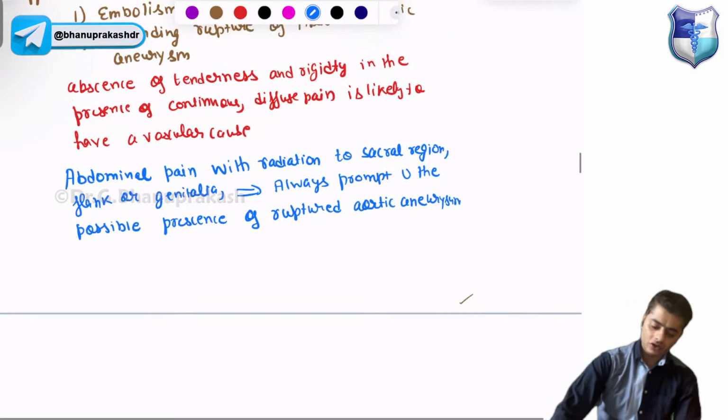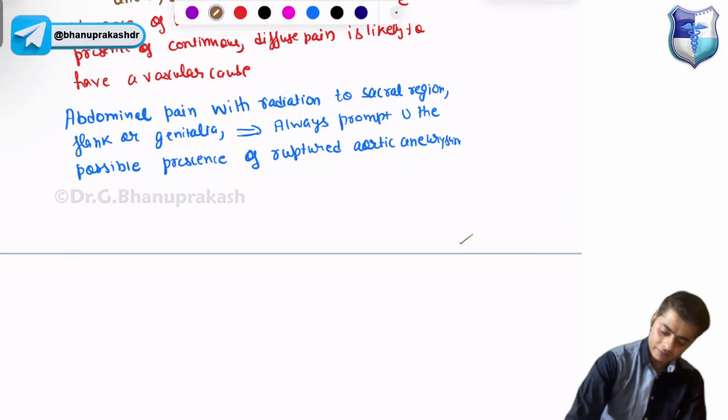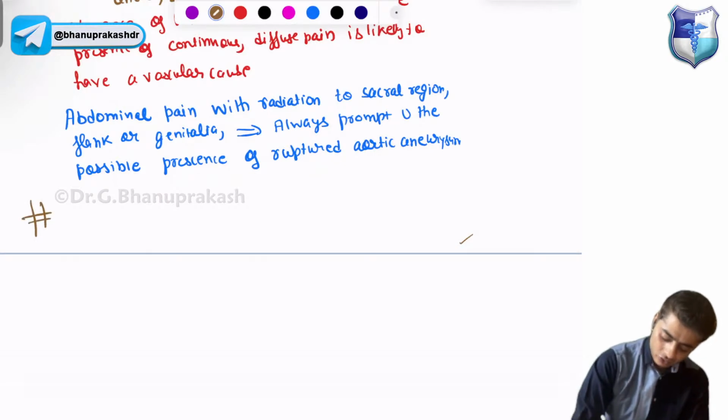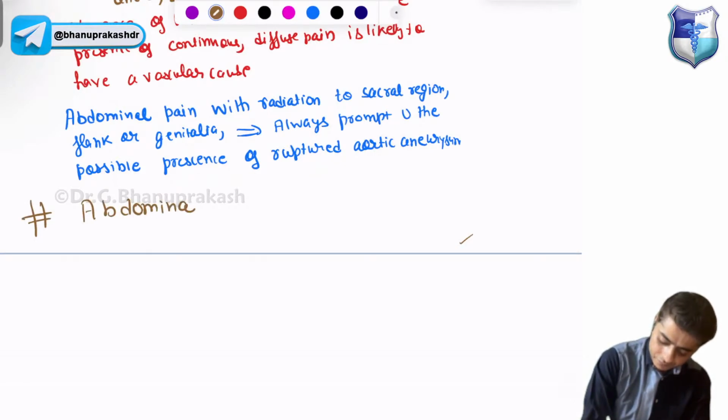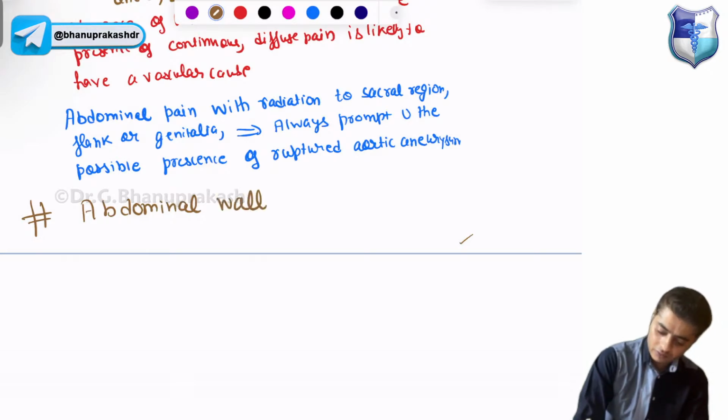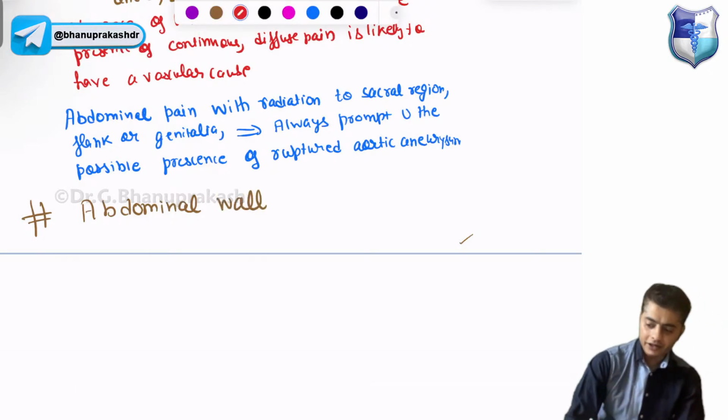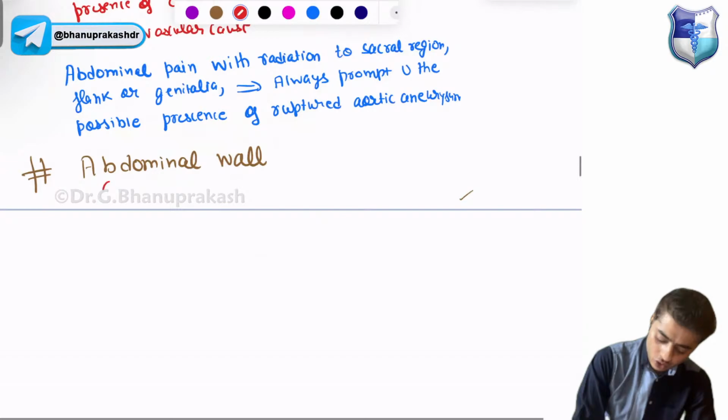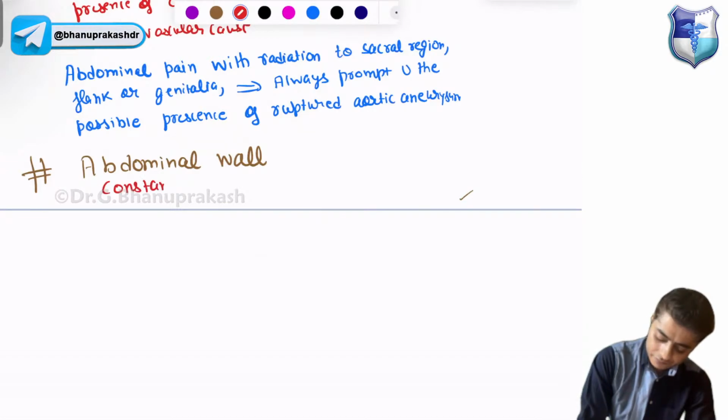Now we'll come to our next cause, that is pain due to the abdominal wall. Pain due to the abdominal wall is a constant and aching type of pain.